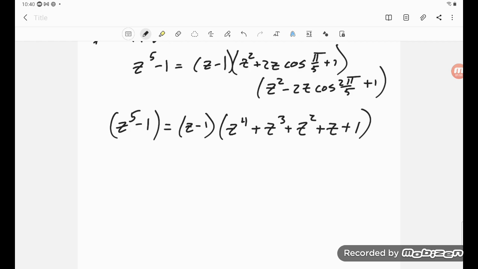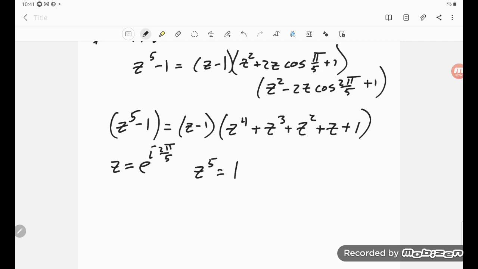So for instance, I think in class I'd mentioned e to the i pi over 5 and e to the i 2 pi over 5. So consider if we go first with z equal e to the i 2 pi over 5. Well, what I know then is z to the fifth is equal to 1 in that case, because by rules of exponents I'd get e to the i 2 pi.